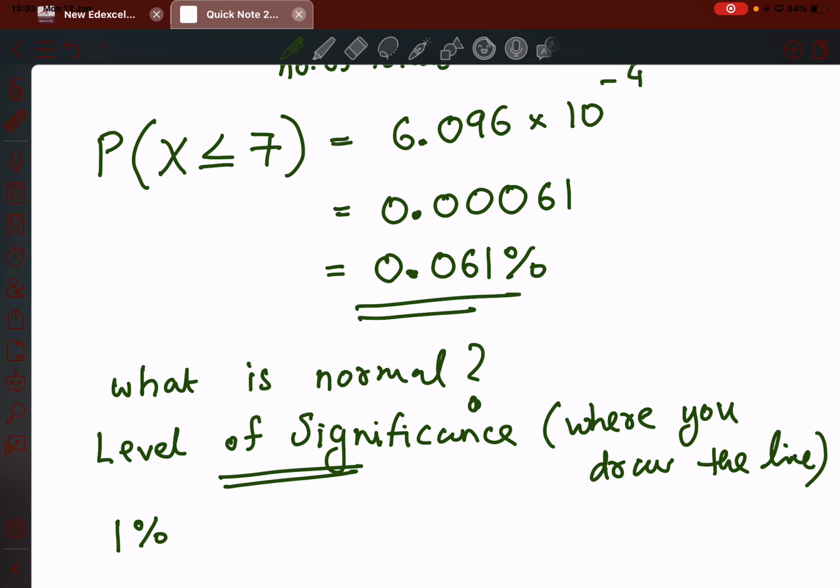You could also choose 5% as your level of significance. That means 5% is your cutoff line. If you get an answer that is more than 5%, well, that is normal. You're basically saying, what do you want to be normal? So if you say 10% is normal, and the answer that you're getting is less than 10%, so something that is happening less than 10% is not normal.